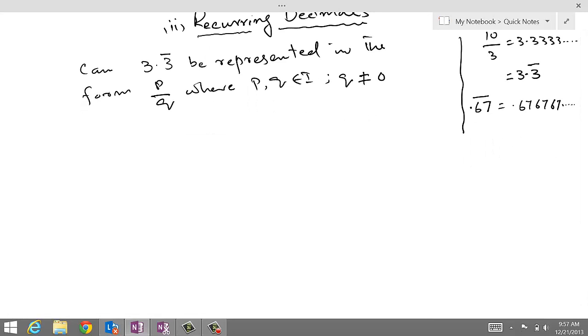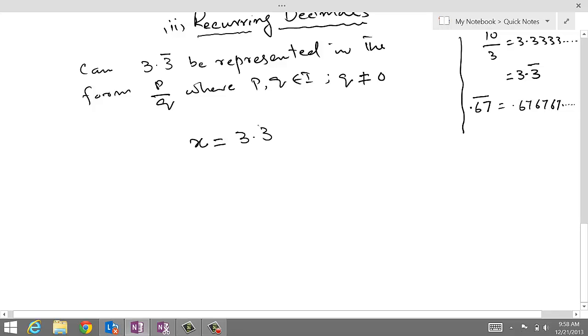If we want to prove that a recurring decimal can be written as a fraction, we name that number. Let's name it x. x is equal to 3.3 bar. If one decimal digit is repeating itself, we multiply both sides by 10.